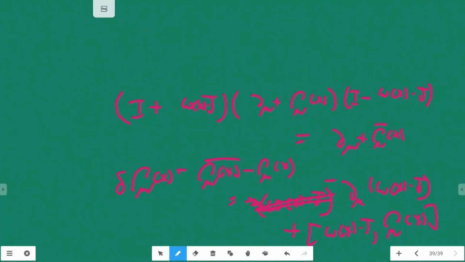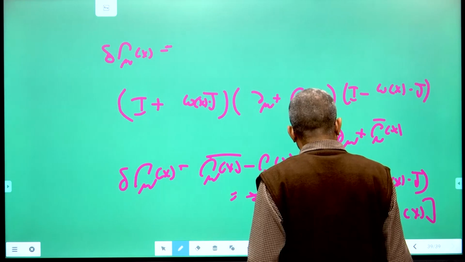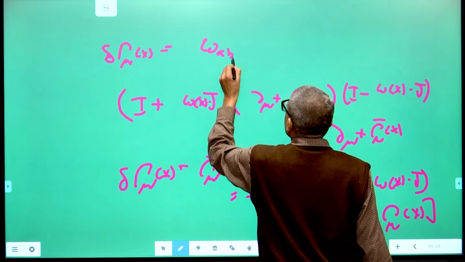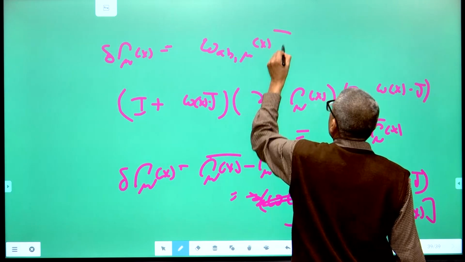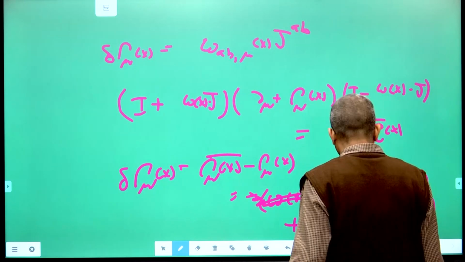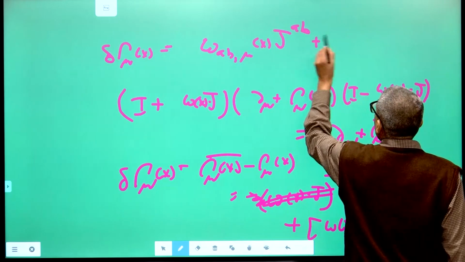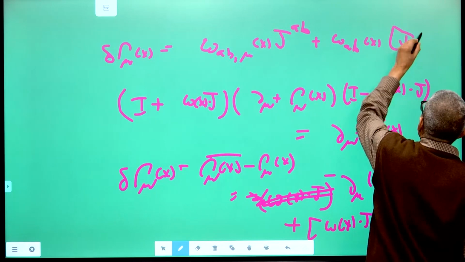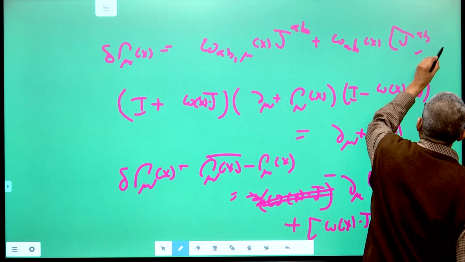So you should get this sort of a transformation, which is the same as saying that the transformation law of delta gamma mu x should be equal to omega ab comma mu x into jab plus omega abx into jab comma gamma mu x.